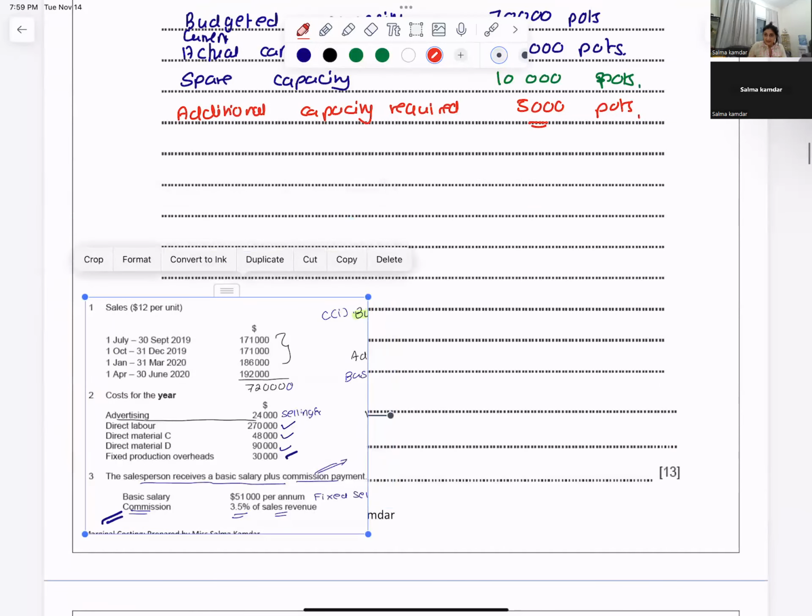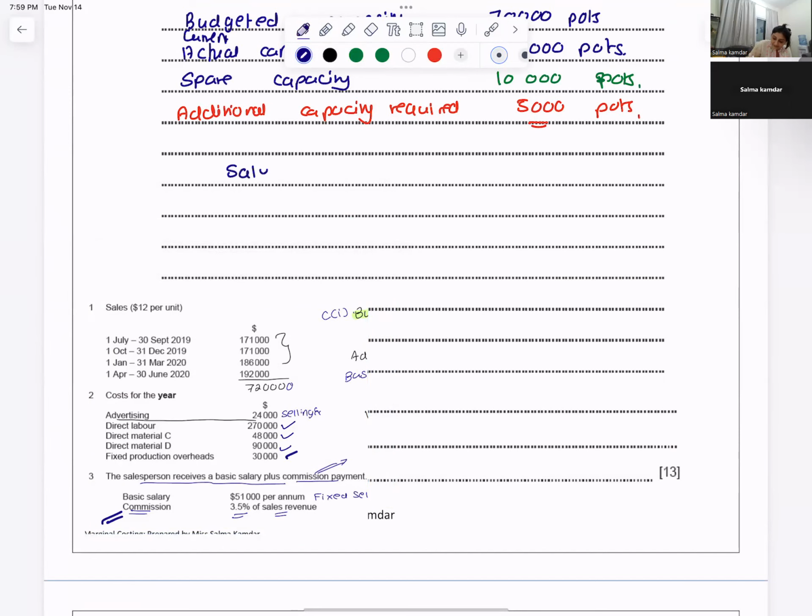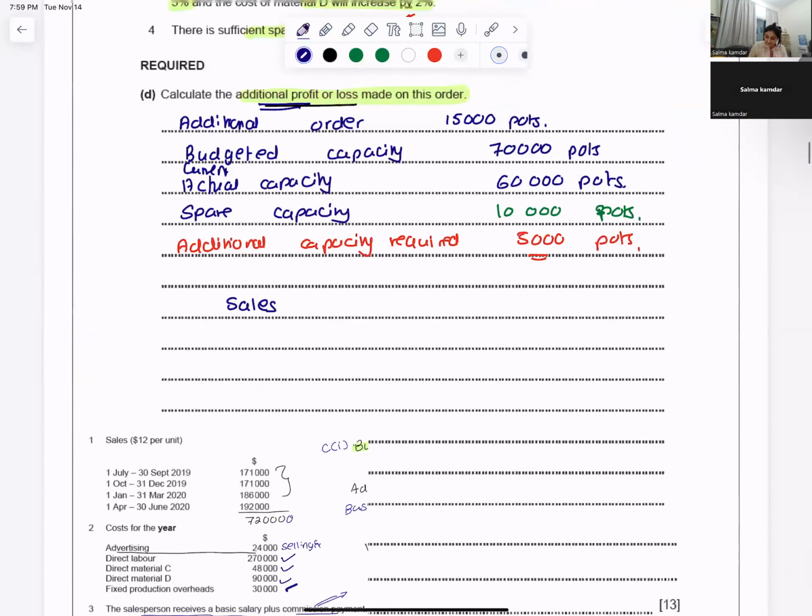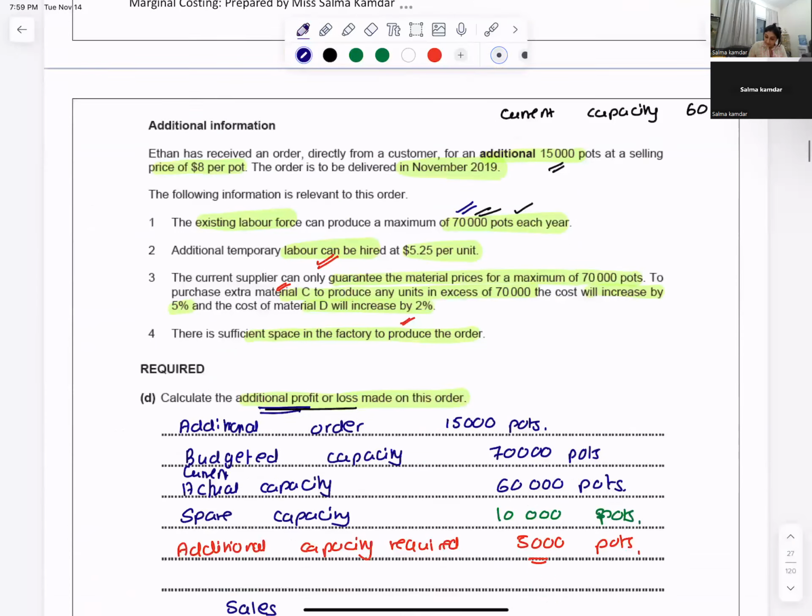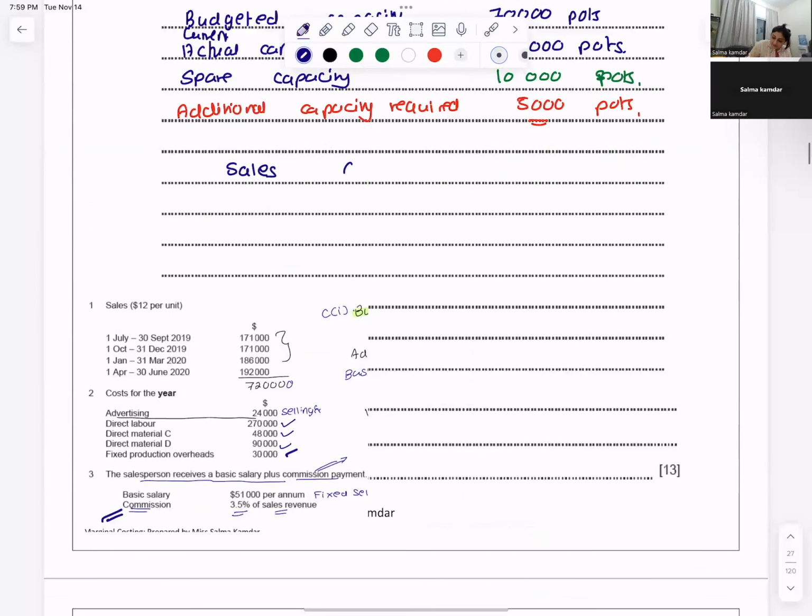The sales will be at the rate of $8 per pot, so $8 into 15,000 pots. So my sales will be $120,000.